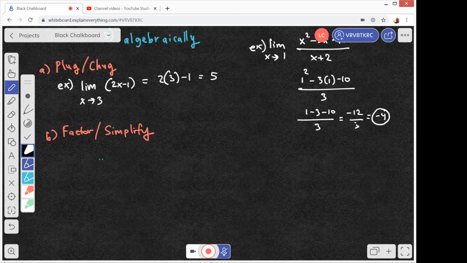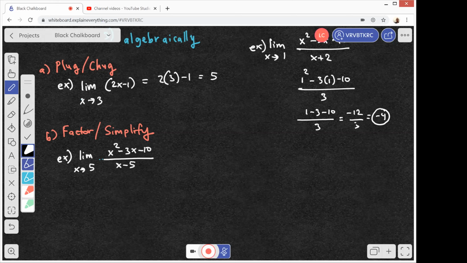So if you have the limit of the function, which is x squared minus 3x minus 10 over x minus 5 as x approaches 5.